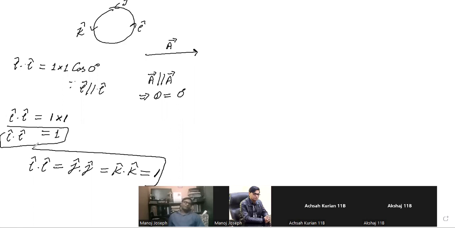So two parallel vectors multiplied in dot product produce 1, and two perpendicular vectors multiplied in dot product produce 0. So now remember these two points, and we will do some numericals.